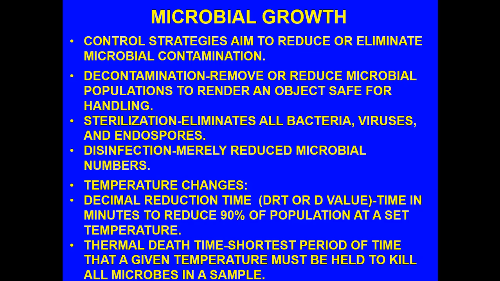And usually in those, they will go for a multiple of the D value. What I mean is the D value to reduce 90%, let's say, is 5 minutes. If I want to go to a D2 value, I would go 5 minutes and then another 5 minutes. So I've reduced 90%, then 90% again, which would be about 99% of the population.